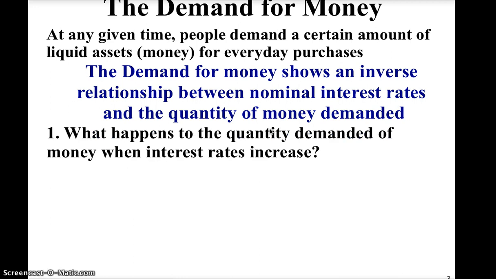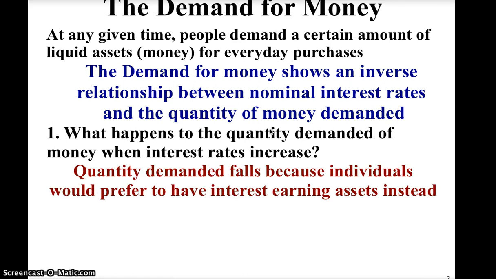So what happens to the quantity demanded of money when interest rates increase? Well, quantity demanded falls, as you would expect, but why? Well, you think about it logically. If interest rates are really high, think about your savings account. If you were getting 10% interest in your savings account, you would want to have every dollar in your savings account as often as possible and carry very little cash because it's really earning a good return.